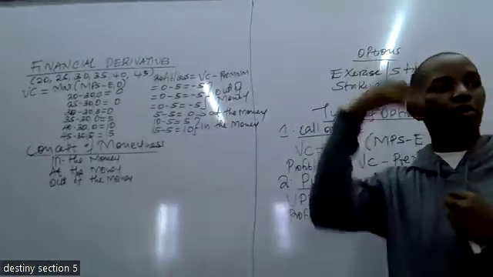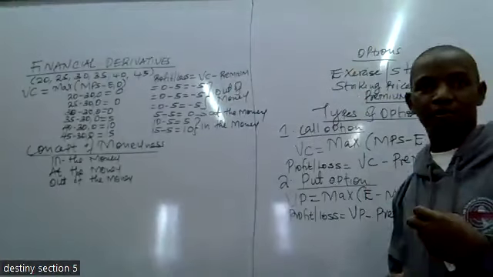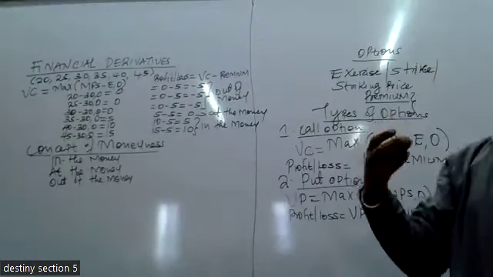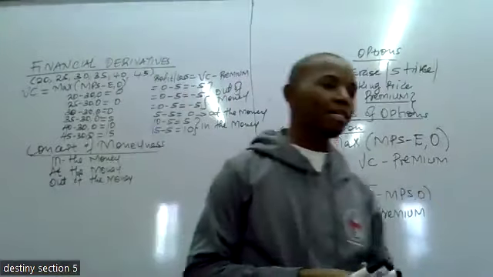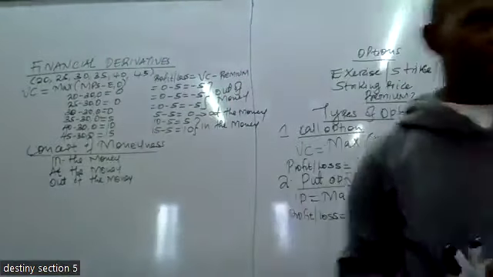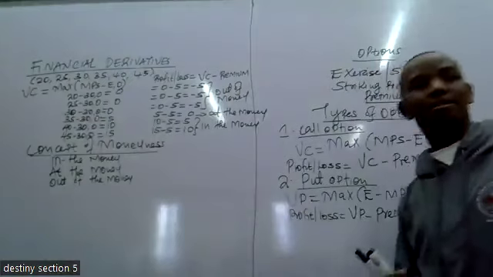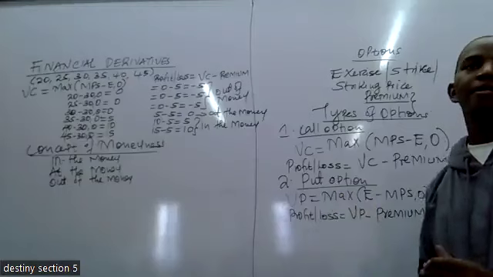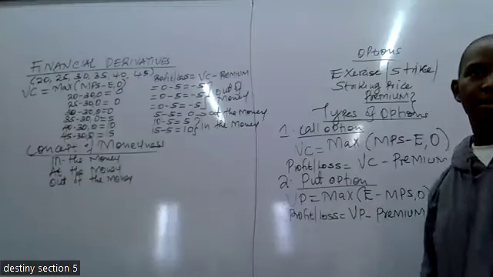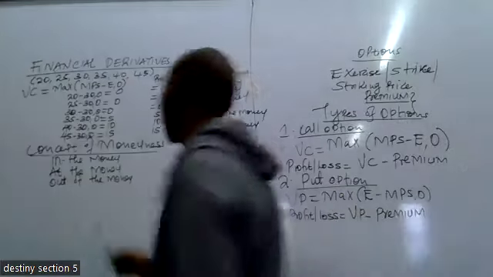Generally, we are talking about inflow and outflow. If the inflow is greater than the outflow, it is in the money. If the inflow is less than the outflow, we are out of money. If they are the same, then we are at the money.